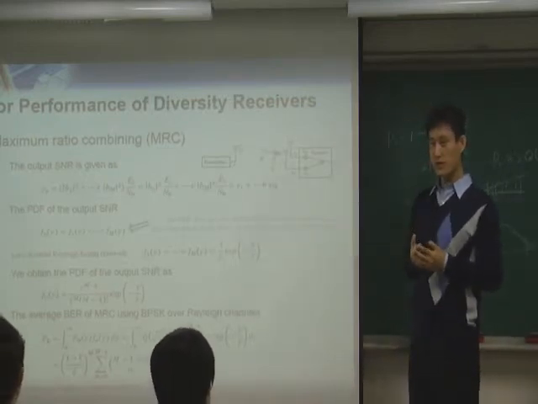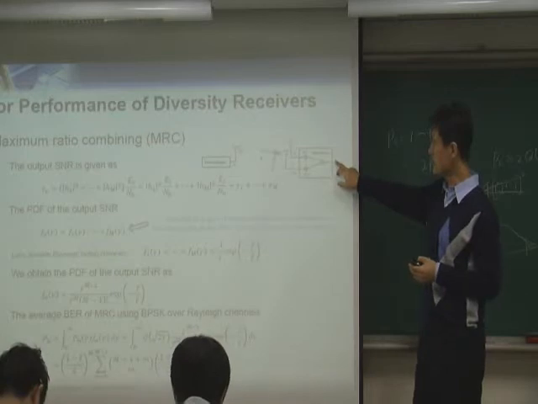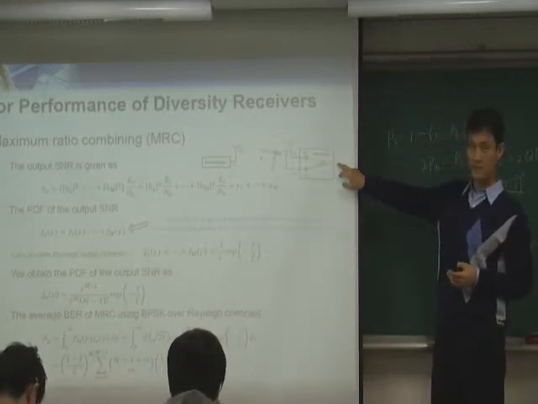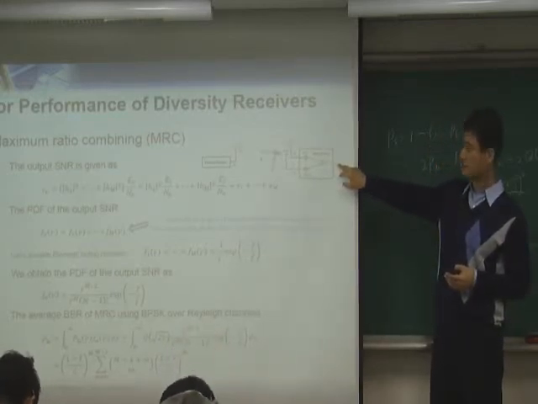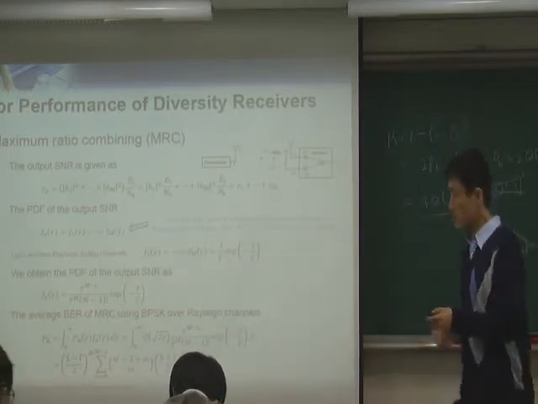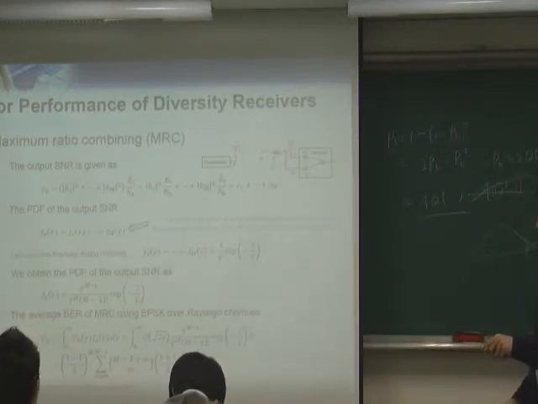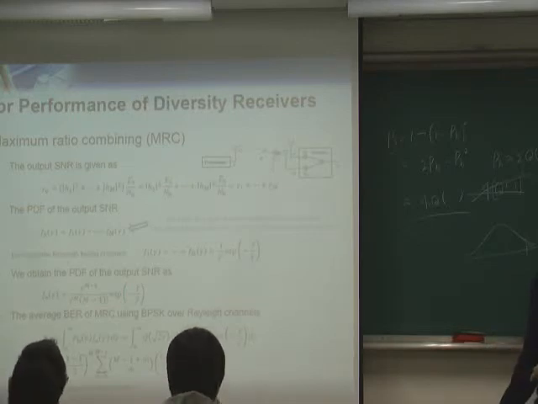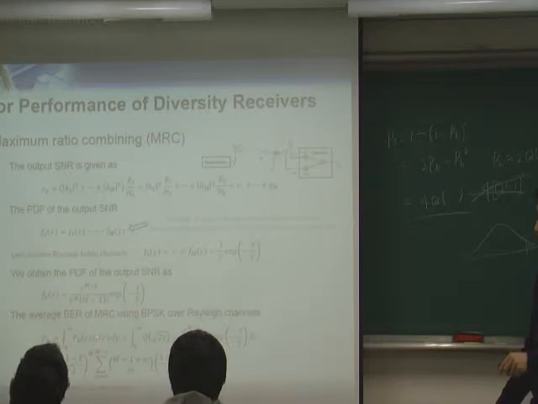Now what we need to know is the bit error rate. So how can you find the error rate? We know the PDF, so what we need to do is put this PDF into this equation.